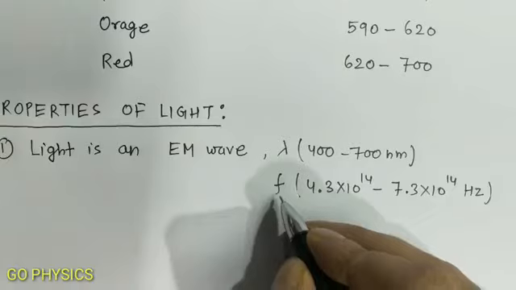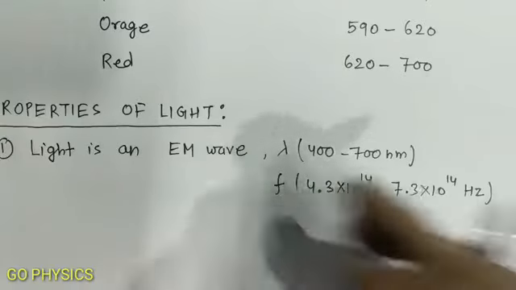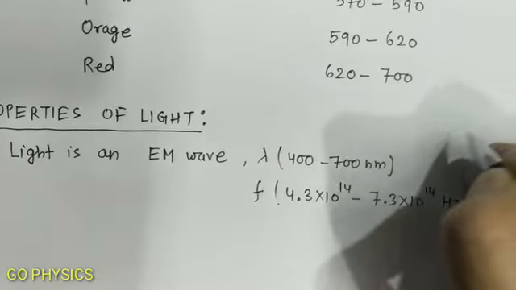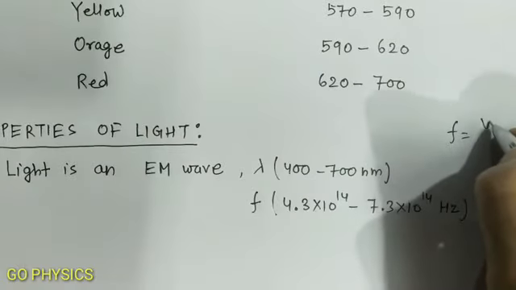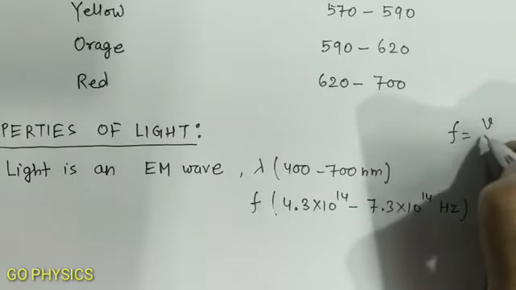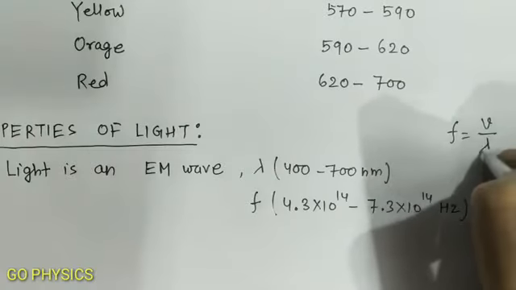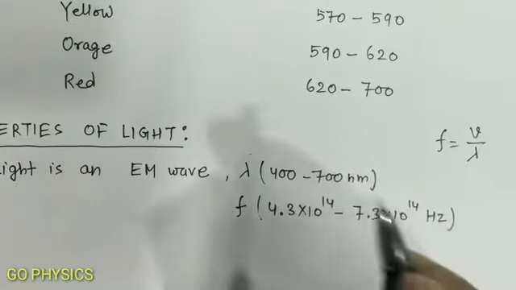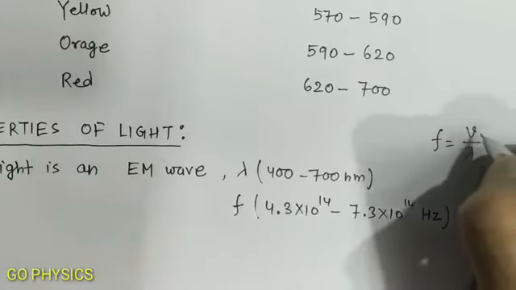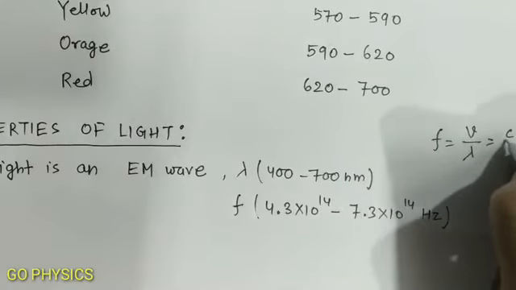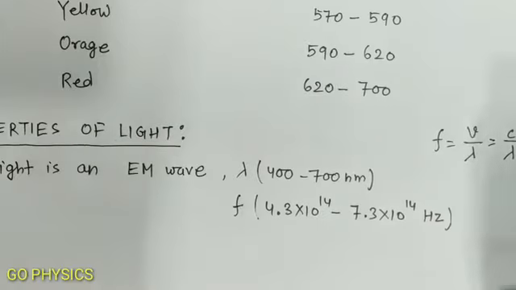How am I calculating the frequency? Frequency we can calculate with the help of the formula: speed of wave divided by its wavelength. We know that any electromagnetic wave travels with the speed of light, so v will be replaced by c by lambda.